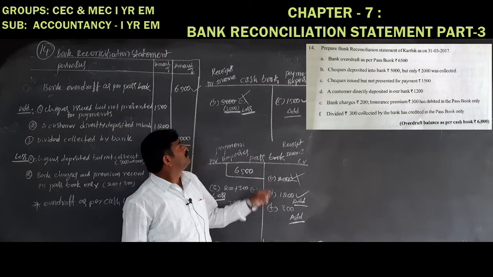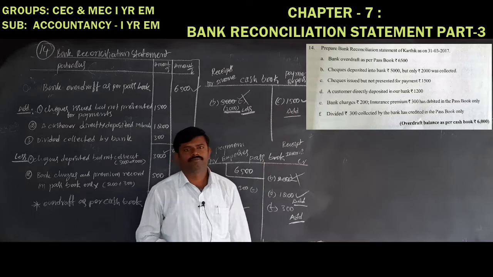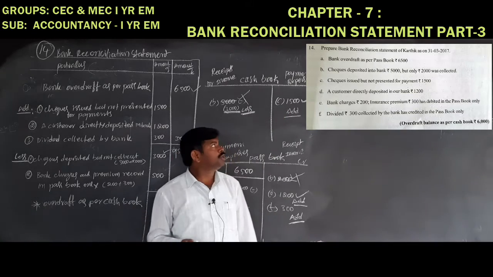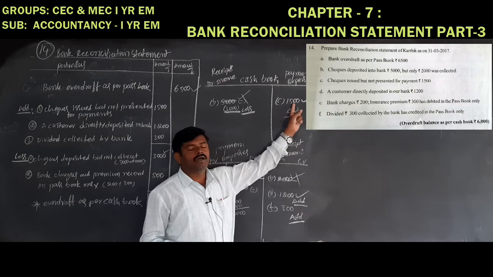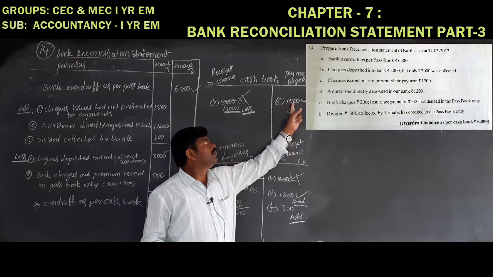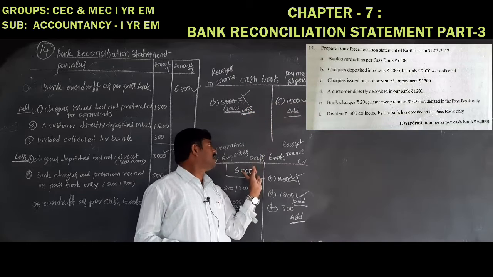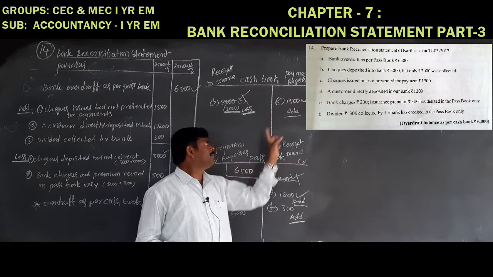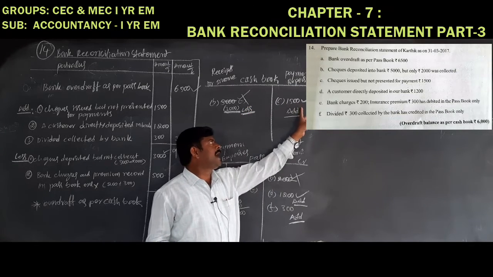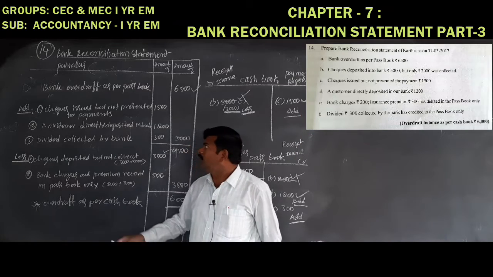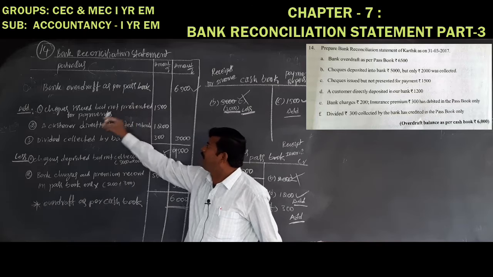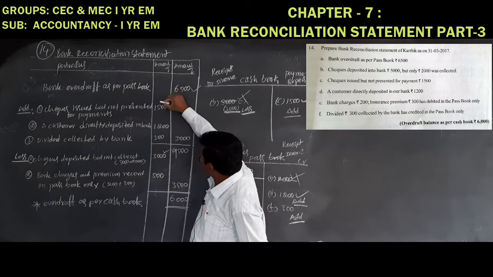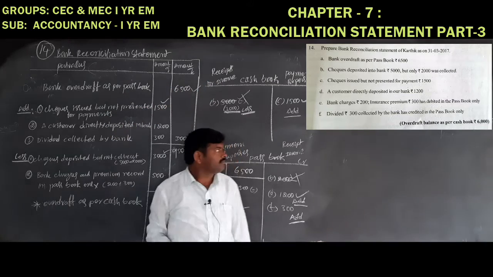Next, C. This is the C. Checks issued but not presented for payment. This is in the opposite direction of the starting point, so it must be recorded under add items. Right here only, checks issued but not presented for payment 1,500 rupees.